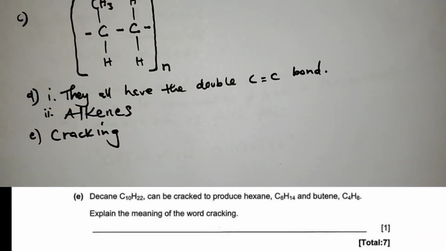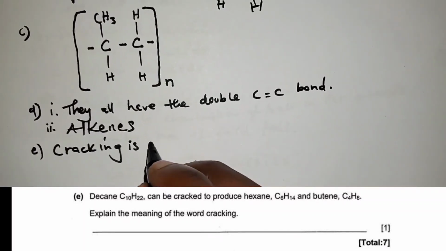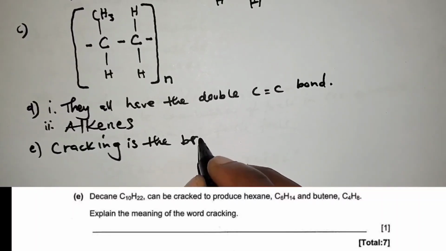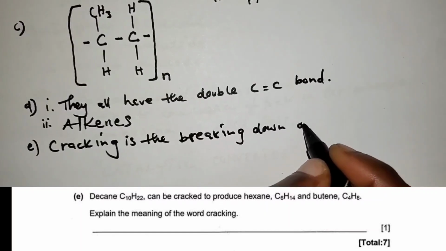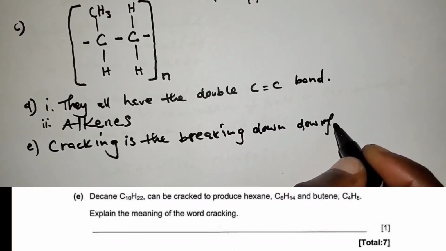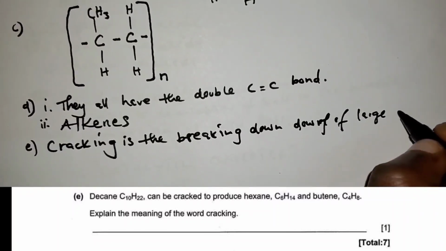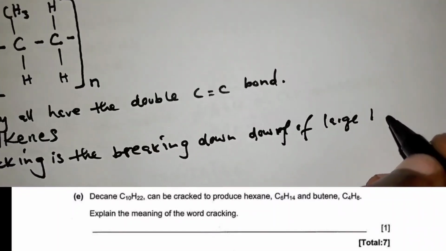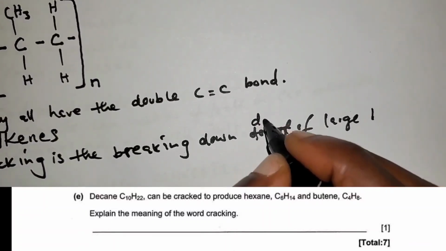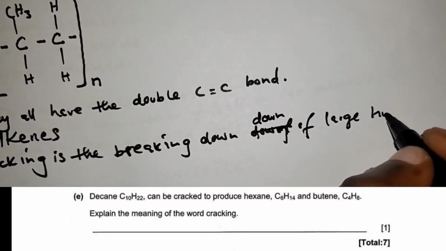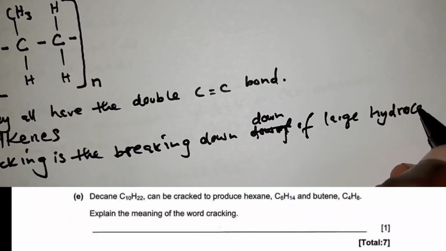So you can define cracking as the breaking down of large hydrocarbons. When I say hydrocarbons, I mean compounds containing hydrogen and carbon.